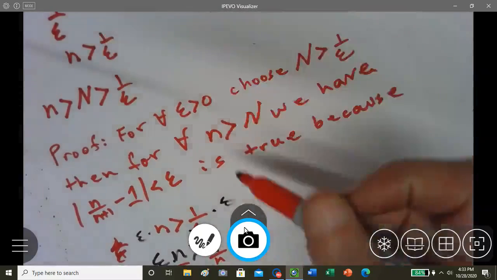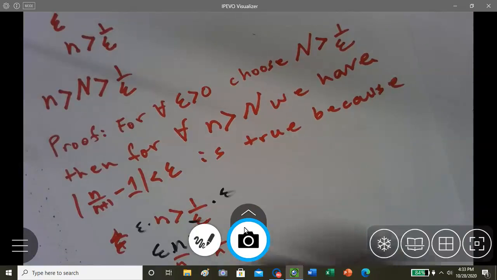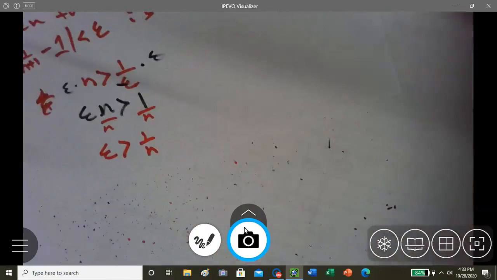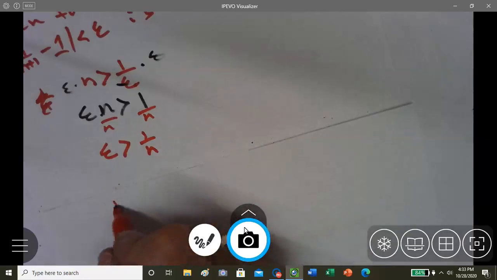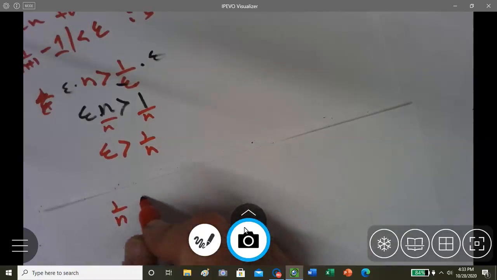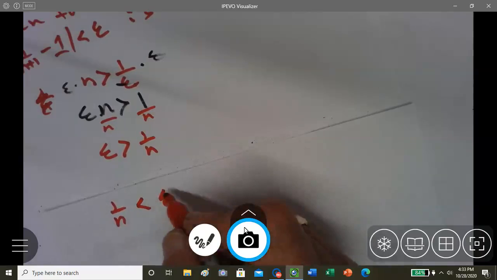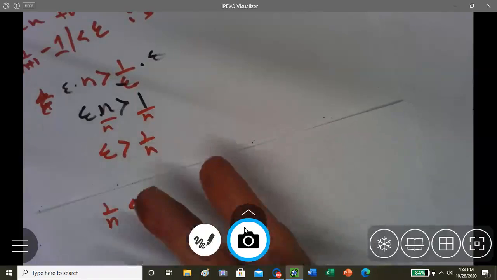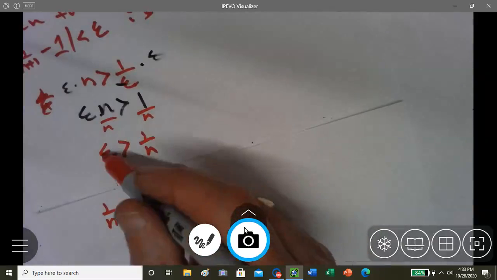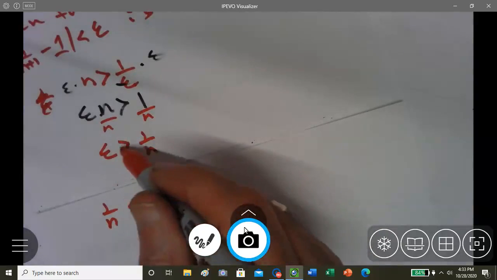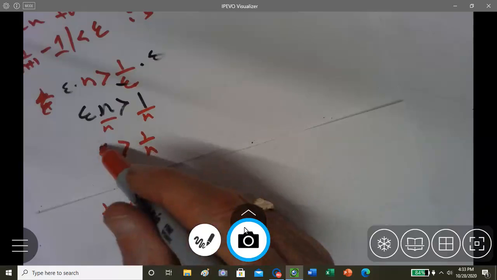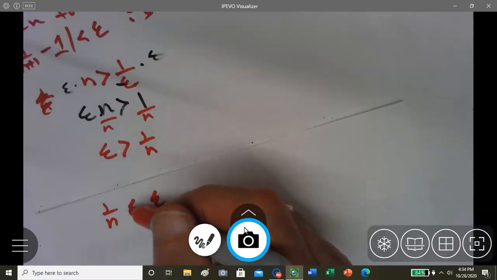So basically we can flip that, right, to where we have here 1 over n is less than epsilon. So all we did was we just switched it. Epsilon is still on the greater end of the inequality, and 1 over n is still on the smaller end.